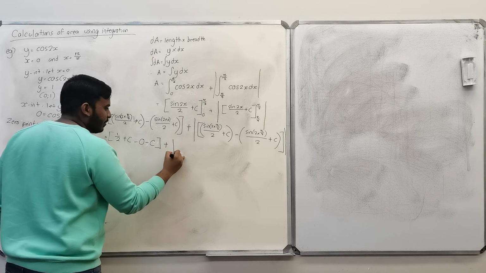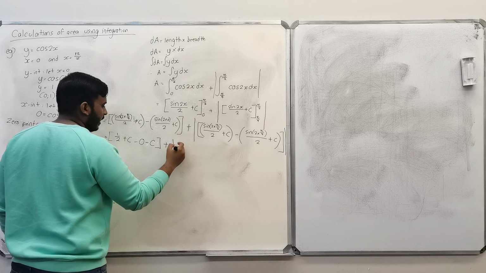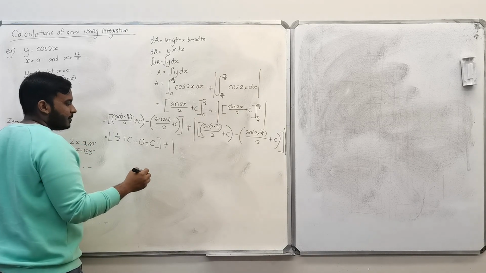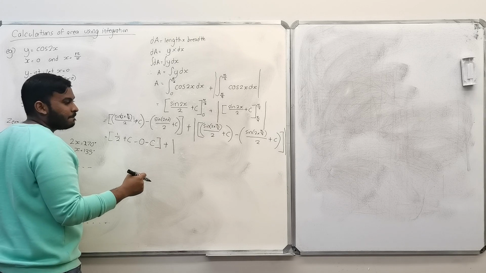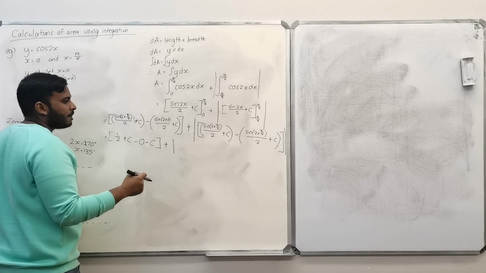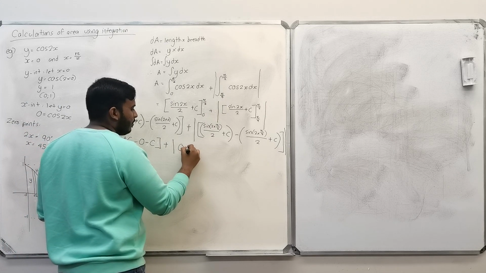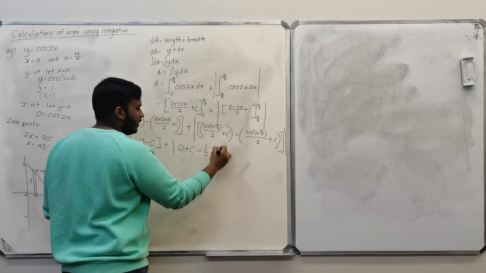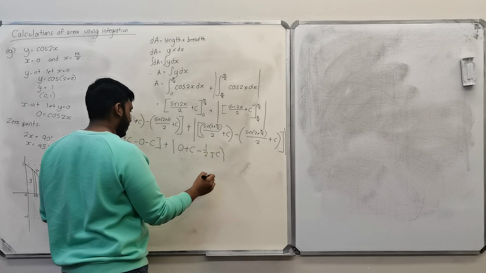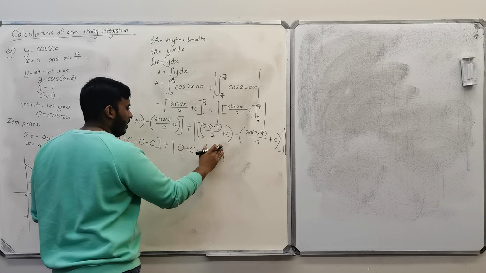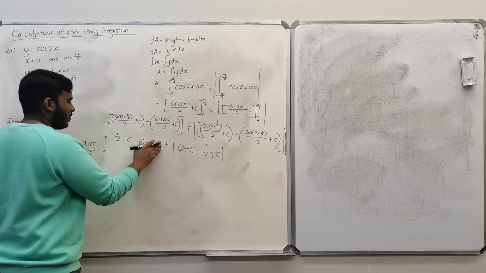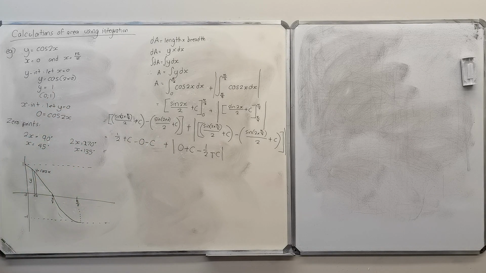Plus the absolute value of, what's that? So it's 0 plus c minus a half minus c. Yeah. Okay. Yes? Anybody confused so far?